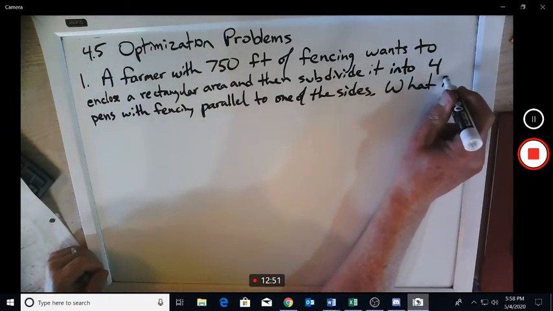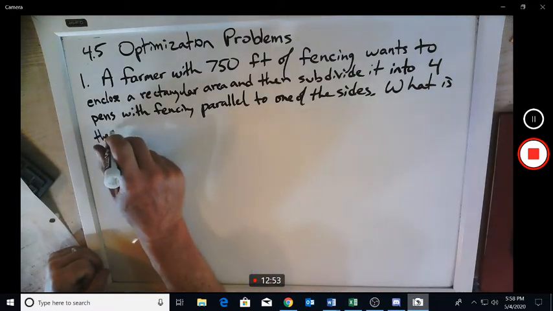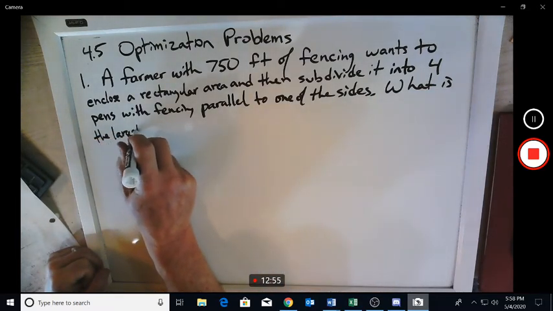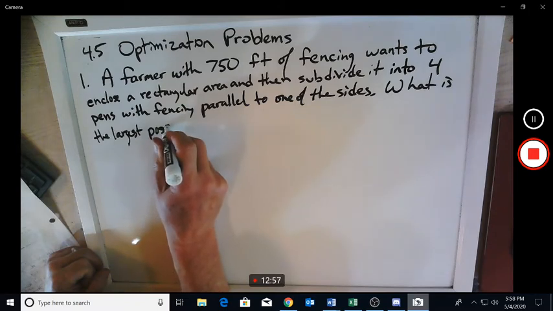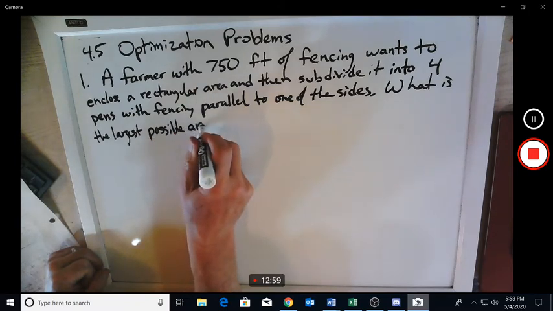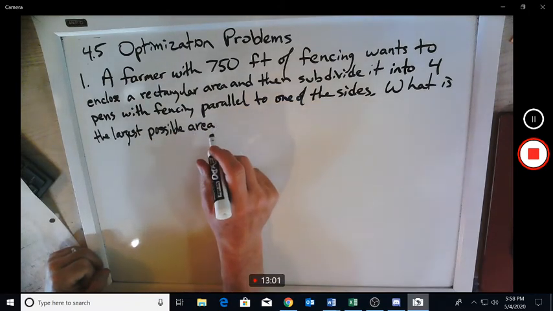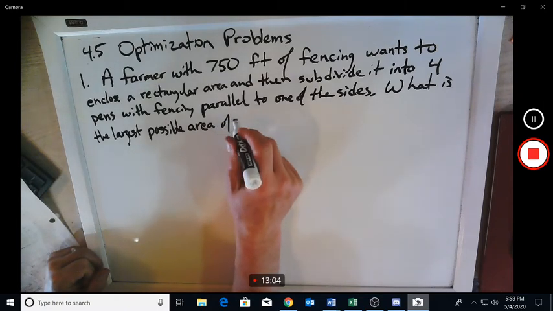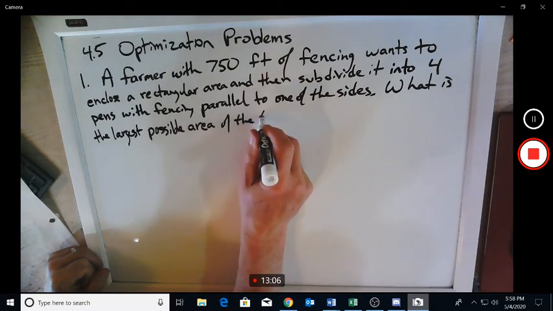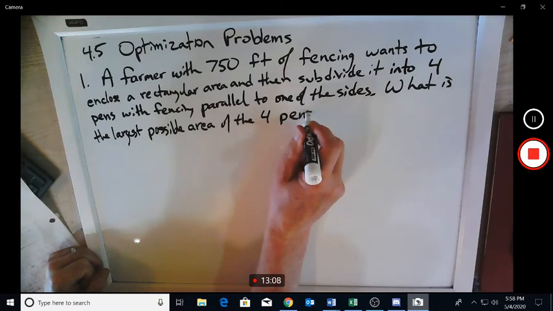What is the largest possible area of the 4 pens?